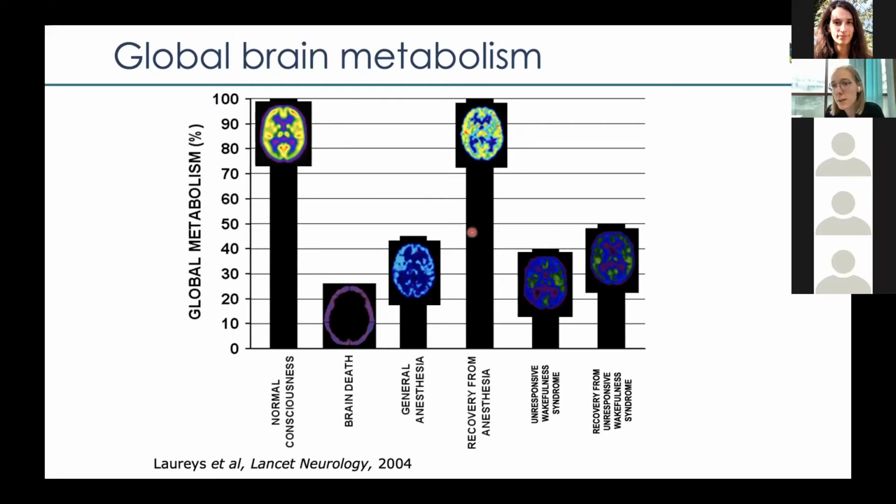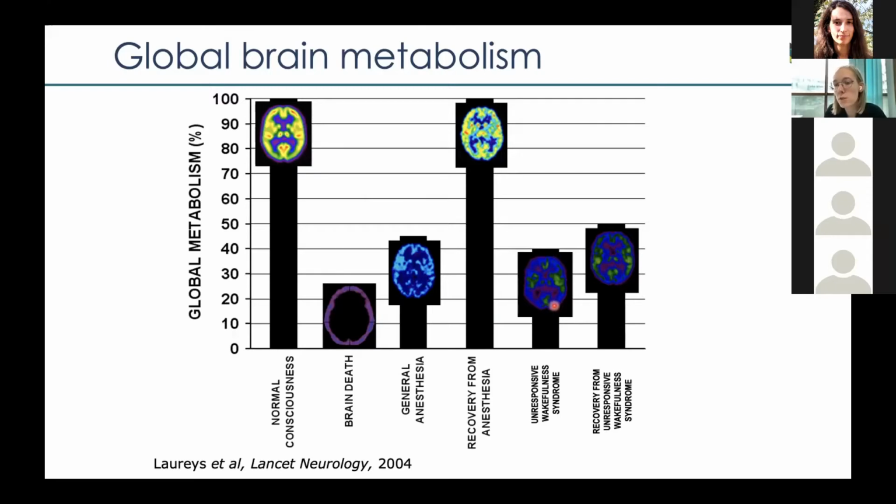I'm not sure how much background you have on patients with disorders of consciousness, but maybe it's useful if I briefly describe the different states that we can disentangle using FDG-PET. So first, we have patients in the unresponsive wakefulness syndrome.